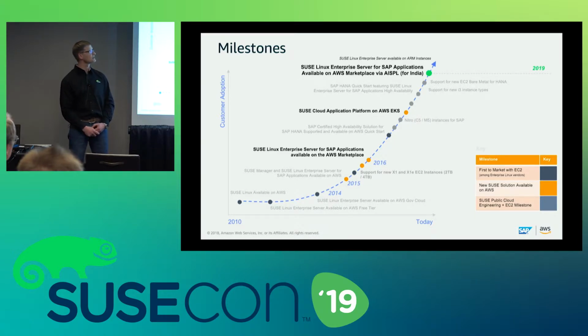Since this year, AWS and SUSE together are able to provide the SLES for SAP Applications instance in the Indian market. Therefore, we have a lot of system integrators which use the AWS cloud more and more for customer projects.